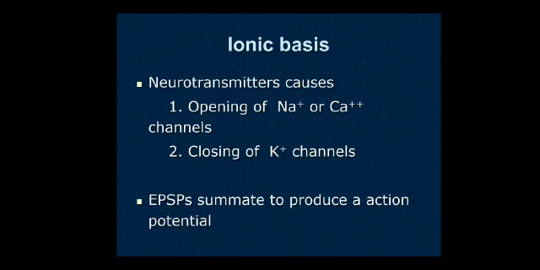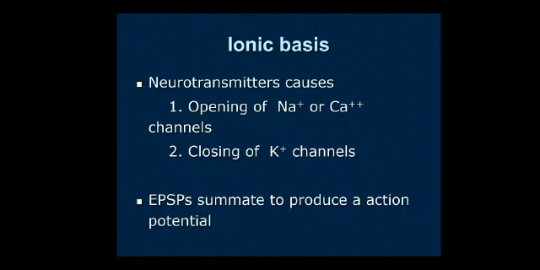So the ionic basis of this is, first in the presynaptic membrane the action potential is generated, calcium enters into the cell, and then through the release sites the neurotransmitters are released into the synapse, and in the synapse the neurotransmitter goes and binds to the postsynaptic membrane.